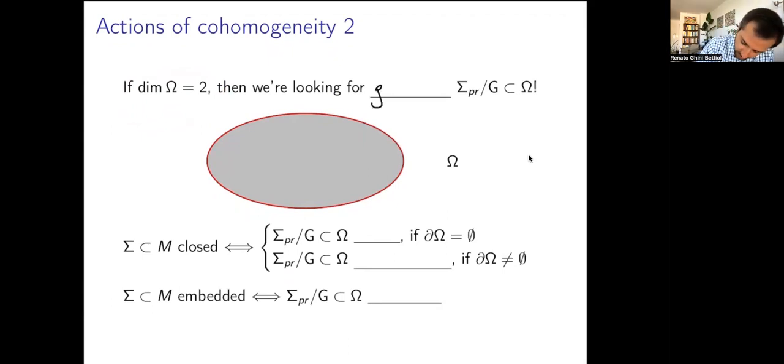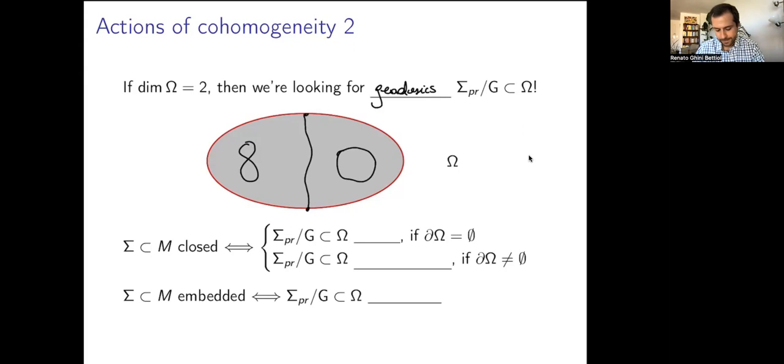So we're looking for geodesics. Maybe they even have some self-intersection, right? Or they could touch the boundary, or they could look like that. And if we are looking for a closed submanifold upstairs, then we are looking for closed geodesics.